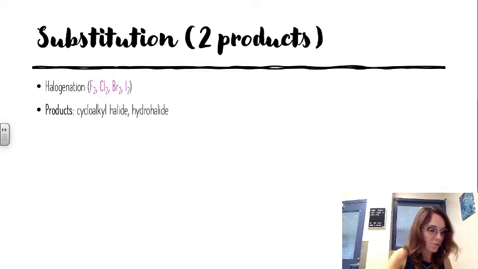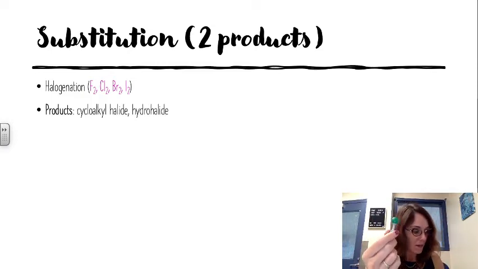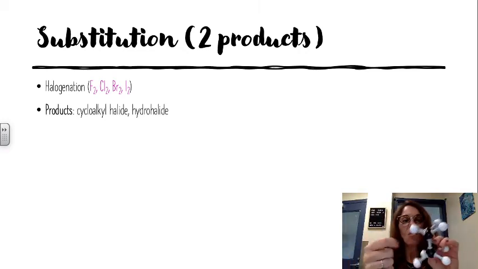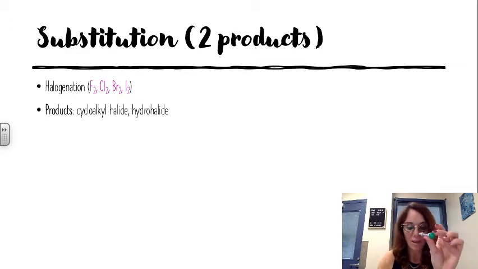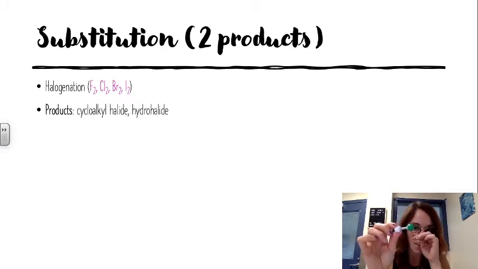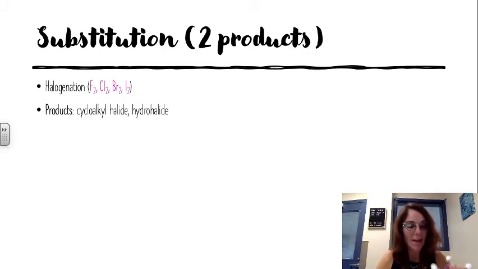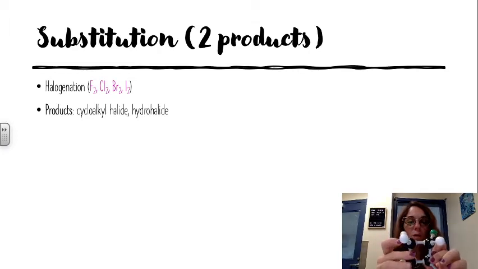So in this substitution reaction, let's call this iodine. Same thing will happen. One of the hydrogens from the cyclic structure will replace with one of the halogens. So I still get two products. I still get that hydrohalide, and now I get an alkyl halide again, but this time it is in a cyclic structure.